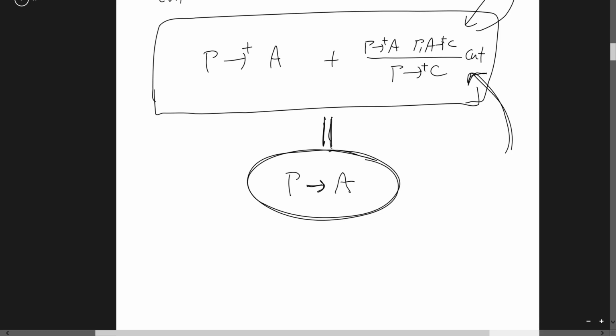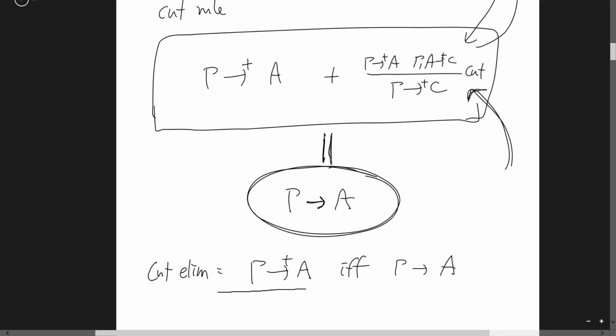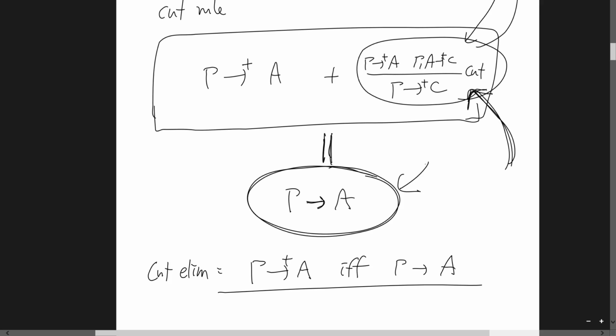And cut elimination basically says gamma right arrow A plus if and only if gamma right arrow A. What this means is that it doesn't matter whether you have this cut rule in your system or not. Even without the cut rule, you lose nothing because adding this cut rule back does not bring anything new. These two systems are equivalent.